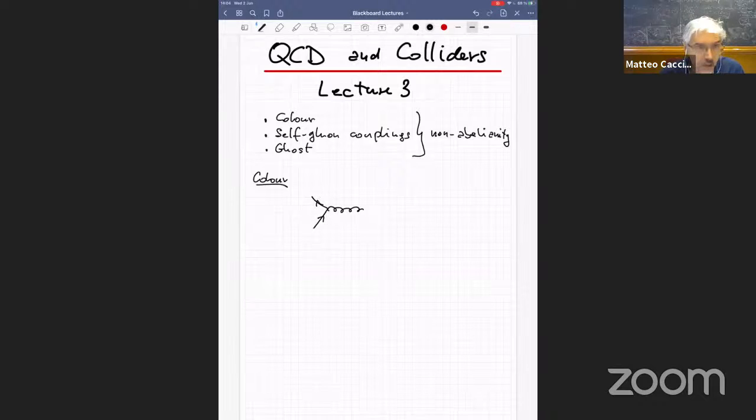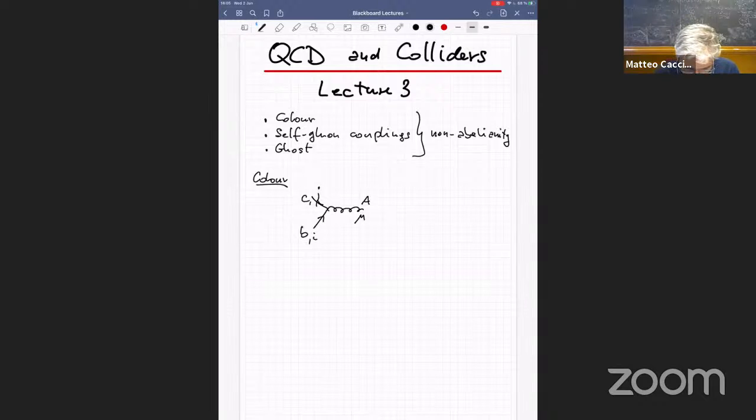You have colors, let's say C and B here, a color A there, a Lorentz index mu for your gluon, and indices I and J for the spinor index of the quark, which is a spin 1/2 fermion.